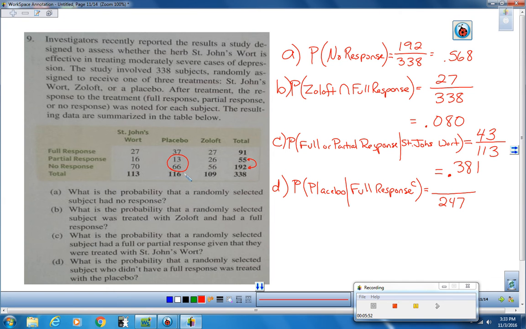So those were all the people that had partial or no response that were treated with the placebo. That looks like a total of 79 individuals. So 79 out of 247 is about 0.320. Okay, so that one, again, the last question is a difficult one with the wording, was figuring out exactly what they're asking for, and then you have to narrow down your sample space and work from there.